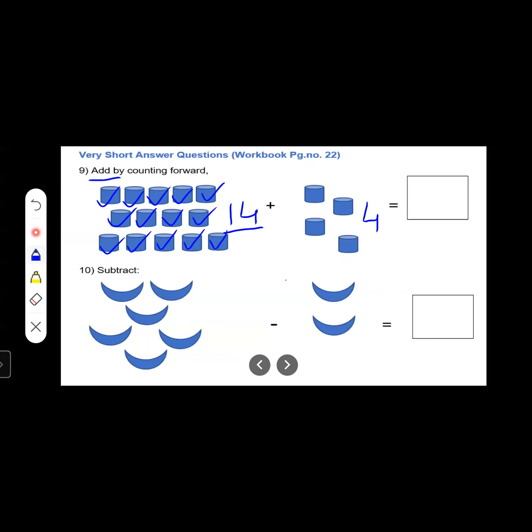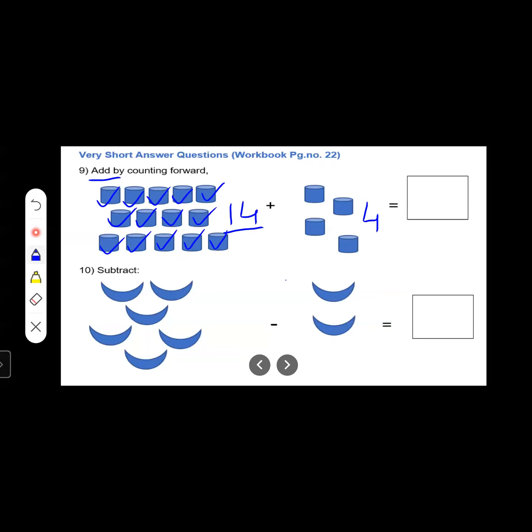So which number will you take in your hand? I have taught you, right? Always take smaller number in your hand. So 14 is smaller or 4 is smaller? 4. So take out 4 fingers in your hand. After that, what we are going to do? We will count after 14.